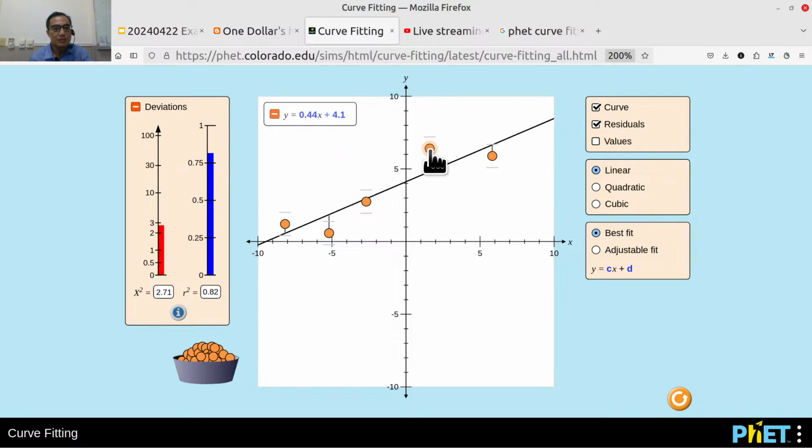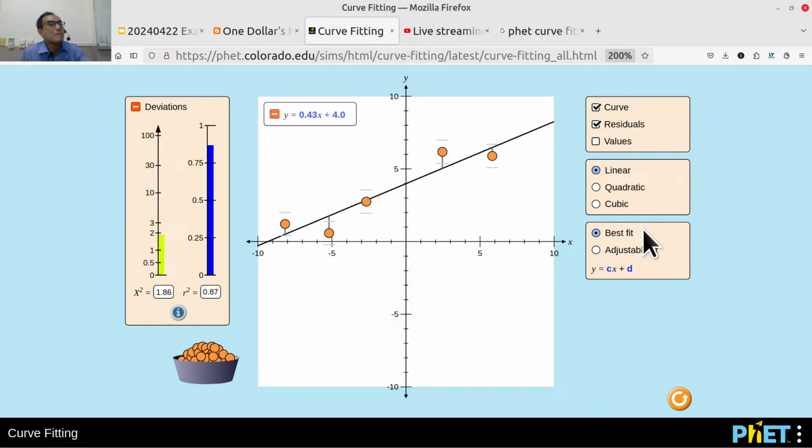I move it down. The slope is going down. I move it up. I move to the left, to the right. A little bit change on the formula. The equation, you can see y equals 0.34x plus 3.3. Okay, you can use this.